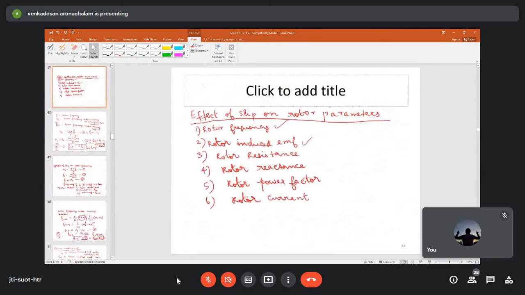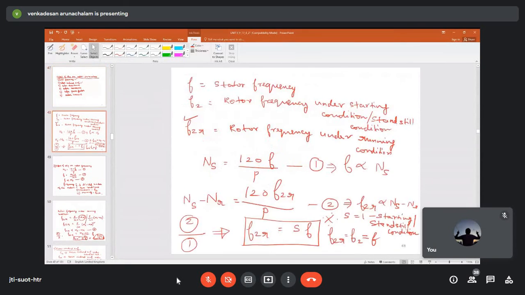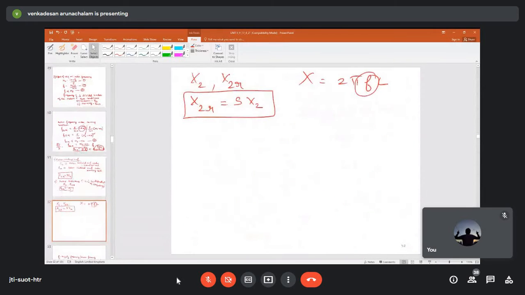The next parameter, rotor power factor. This is reactance. Rotor power factor.